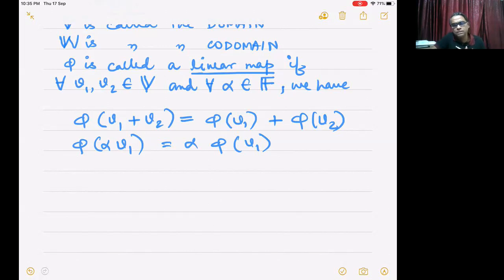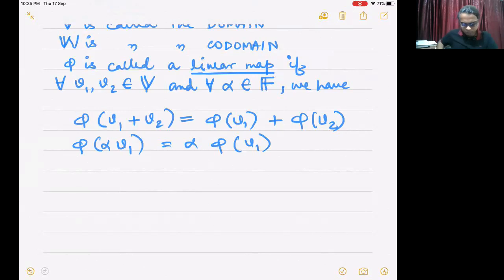Both are the same. Similarly, if you do scalar multiplication first and then apply the linear map, or you apply the linear map first and then do the scalar multiplication, you get the same result. They have exactly the same effect. When this property is satisfied by the map phi, we say that this map is a linear map.